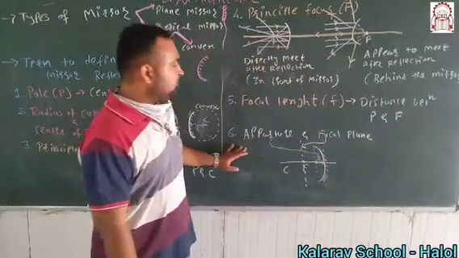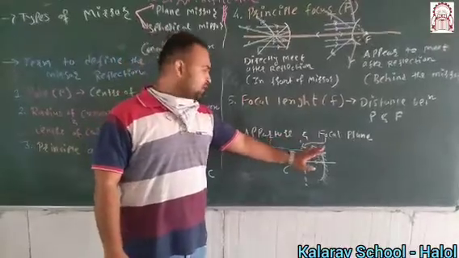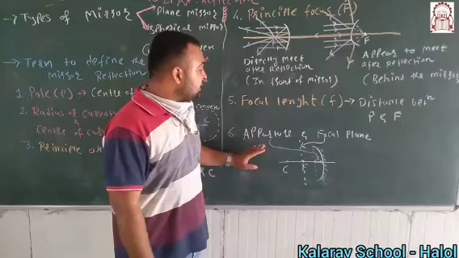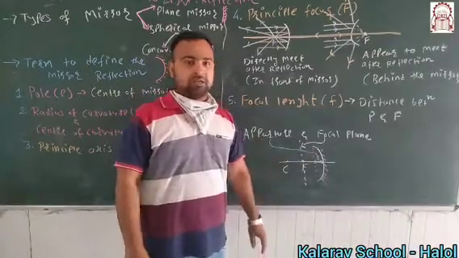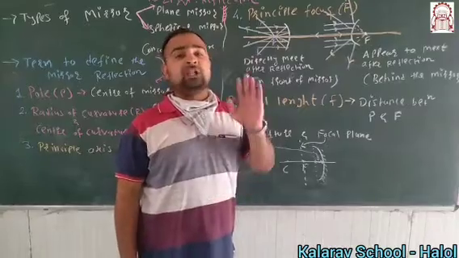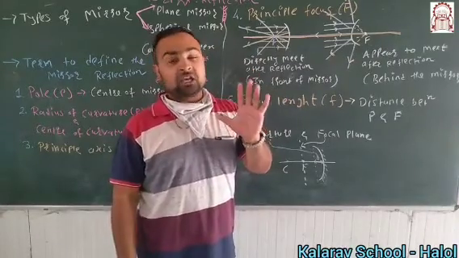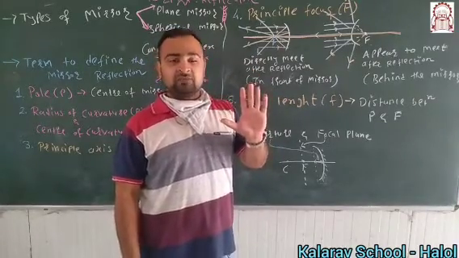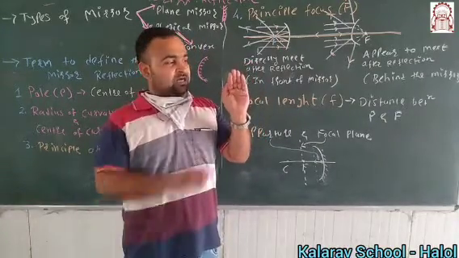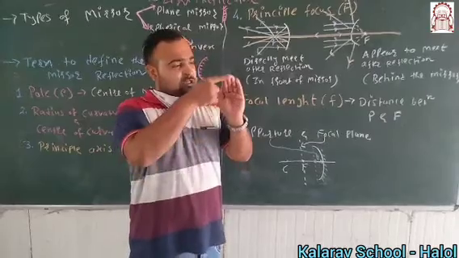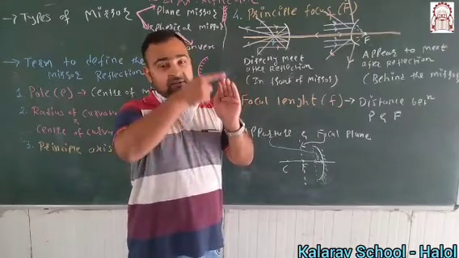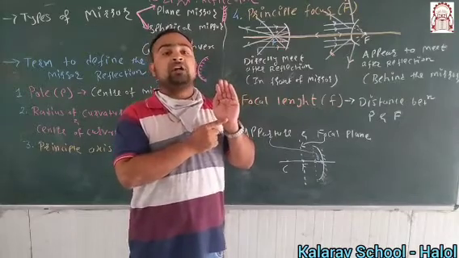The sixth point, which is not important at all, but we have to keep the definitions in mind, is aperture. What is the aperture? In simple form, it is the face of the mirror. For example, assume this is the mirror. If you join the top edge to the bottom edge, this line is considered the aperture.